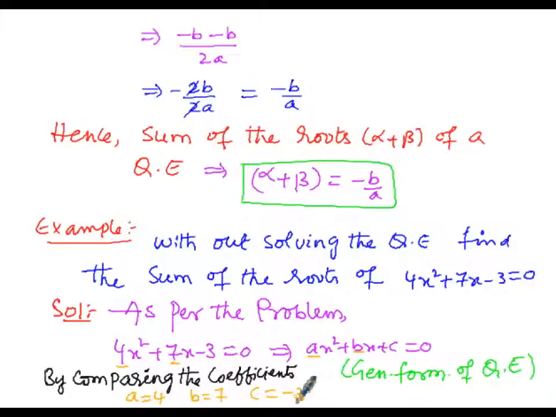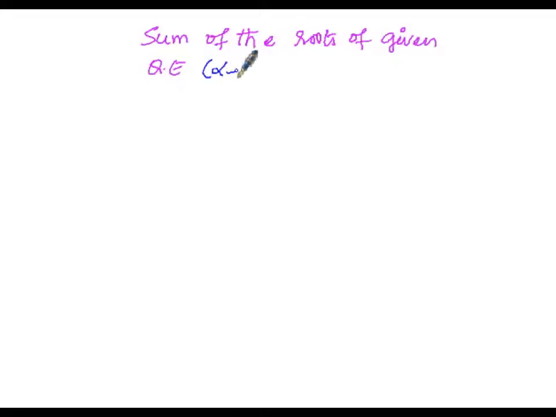Then based upon these values of a, b, c, that is a equals 4, b equals 7, and c equals minus 3, let us find the sum of the roots of the given quadratic equation. The sum of the roots of the given quadratic equation, that is alpha plus beta, is given by minus b divided by a.